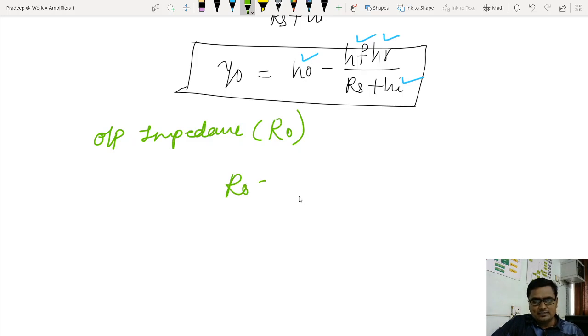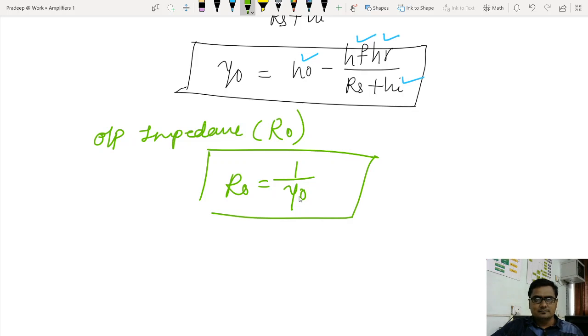Ro is equal to 1 divided by Yo. And this is your fourth parameter, that is output impedance. Now see, we have derived 4 parameters of the amplifier with reference to the hybrid model of the transistor.